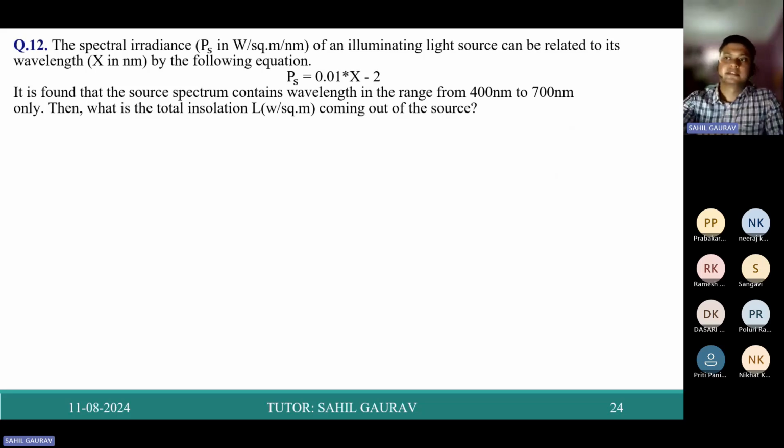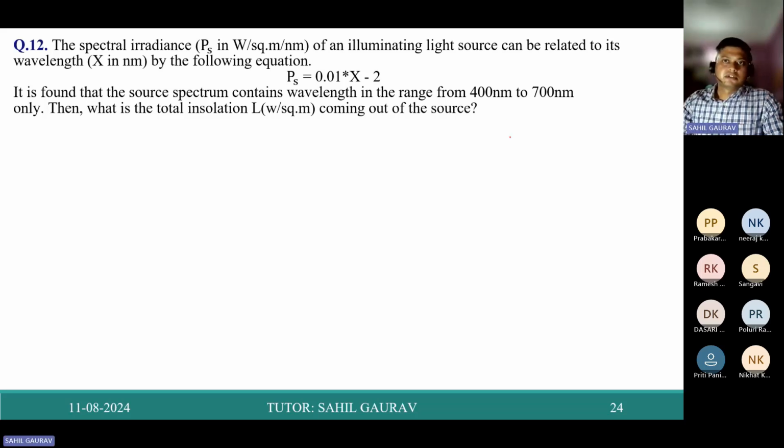So let us see the next problem. We have less time. The spectral irradiance of an illuminating light source can be related to its wavelength by the following equation, and it is found that the source spectrum contains wavelengths only in the range from 400 nanometer to 700 nanometer. Then what is the insolation coming out of the surface?